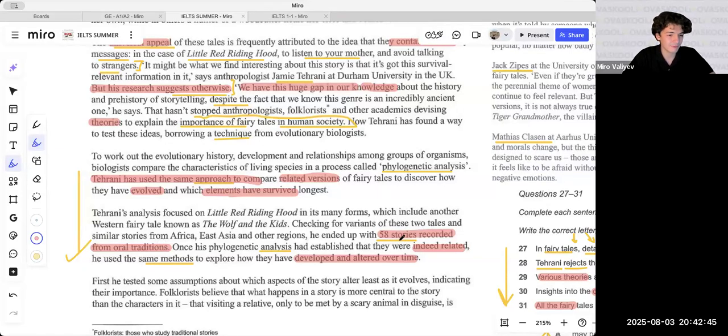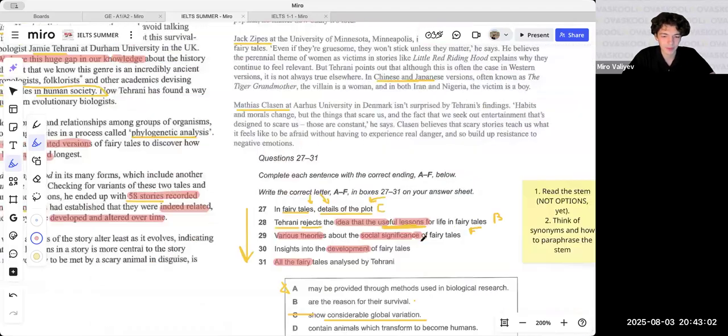Yeah, and he collected 58 stories which were recorded from oral tradition, right? So those are traditional stories that were not written by some poets or writers or whatsoever.